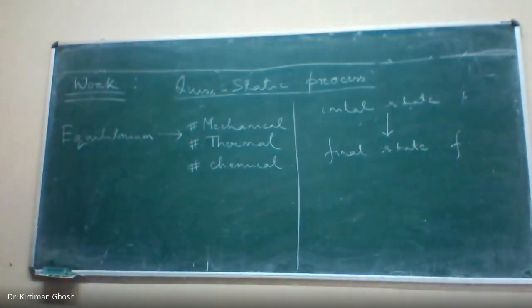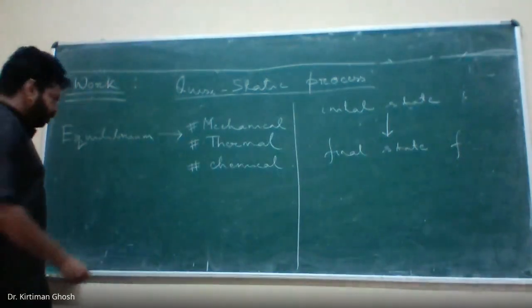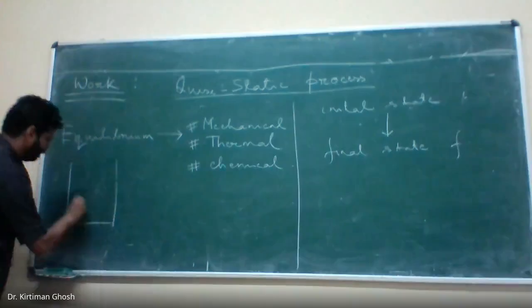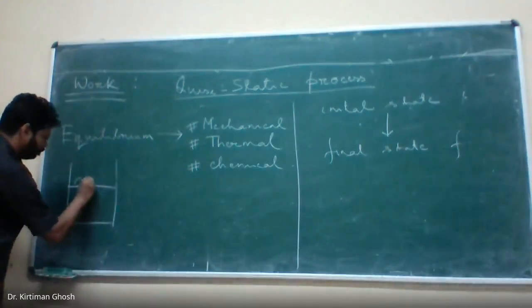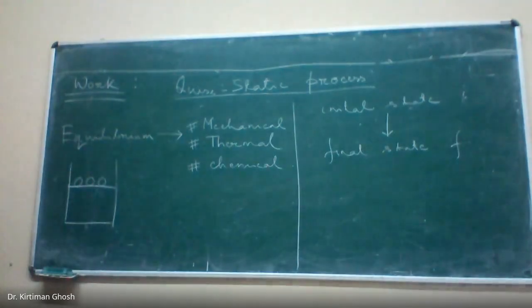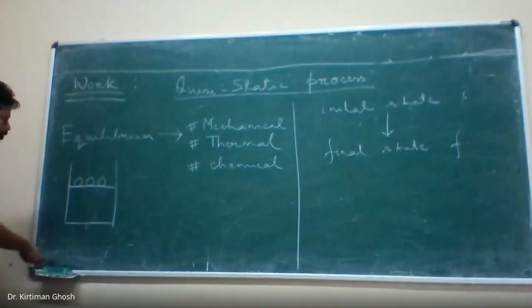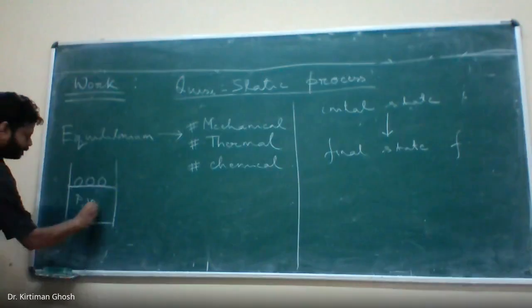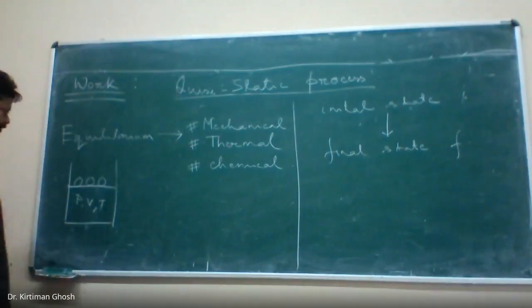For example, let us take the example of that gas cylinder. Let us assume that the volume is V, the pressure is P, and the temperature is T. This is in a thermal bath. Everything is fine.